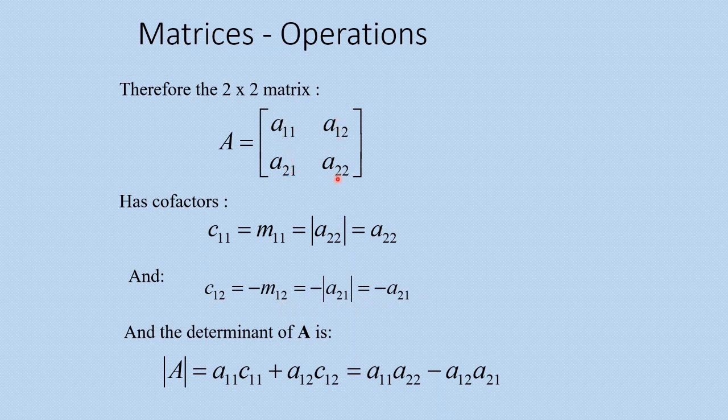And the determinant of A, substituting the values in the equation, determinant A is equal to A11 C11 plus A12 C12. We get determinant A is equal to A11 A22 minus A12 A21, as C12 is minus A21.